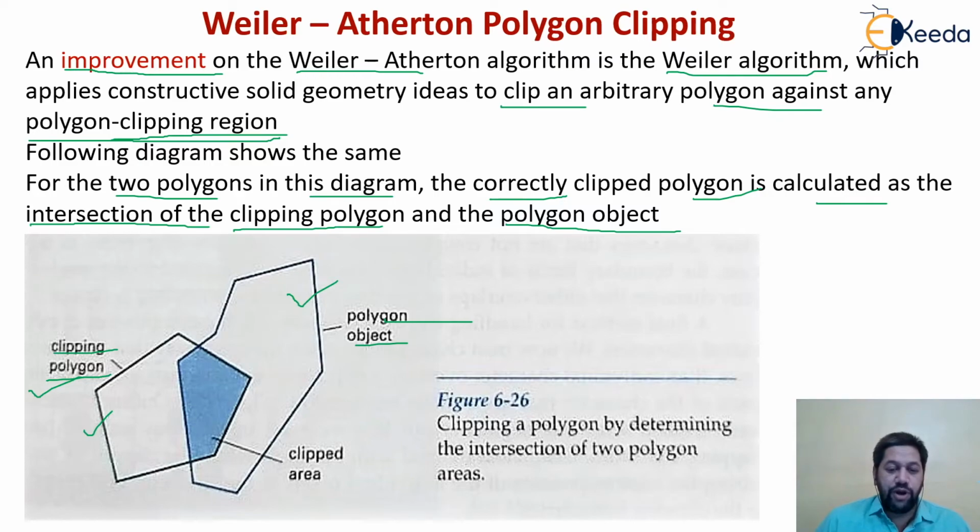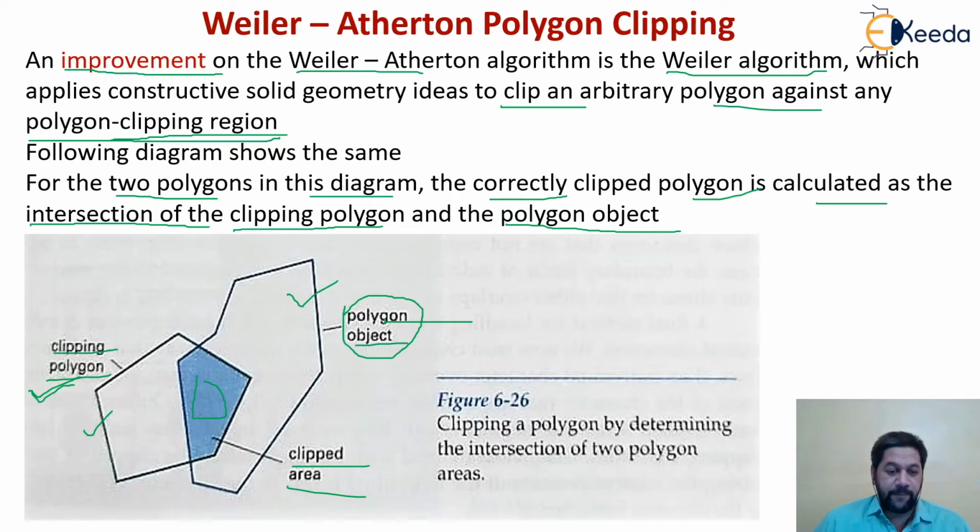I hope all of you understood it. Again, I repeat, I want to clip this polygon object against the clipping polygon window. In this case, you can find that this is my original polygon object and this is my window, and whatever is shown in blue is my clipped area.